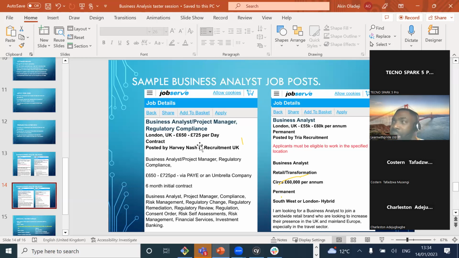So don't think you cannot get this amount. With hard work and dedication, you can get it. You get to a stage whereby you command what you earn. I understand you might be scared at the very beginning, thinking, don't let me overshoot my shot, let me go for the minimum.